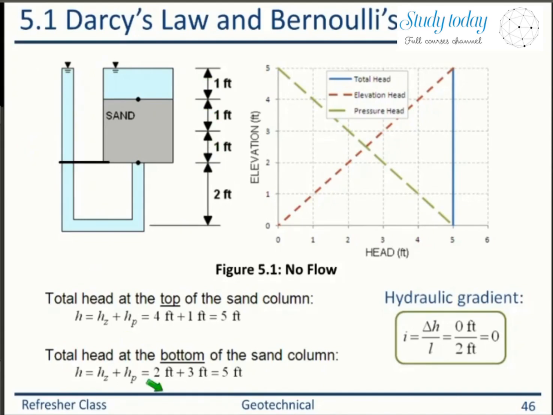Therefore, at the bottom, elevation head is 2, pressure head is 3, and total head is 5. So your hydraulic gradient I is delta H, the total head at the top minus the total head at the bottom, which is 5 minus 5, that is 0, divided by 2. So the hydraulic gradient is 0. When you have a hydraulic gradient of 0, that means there is no flow. Your soil is only saturated. Hydrostatic condition.